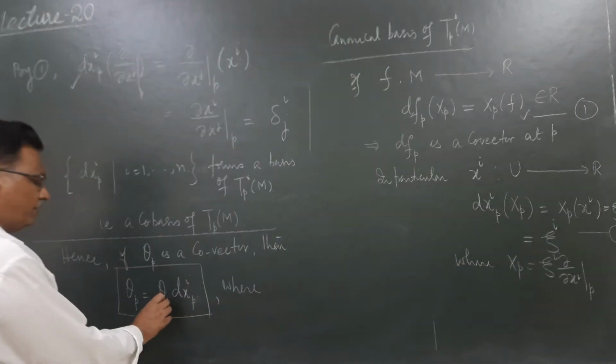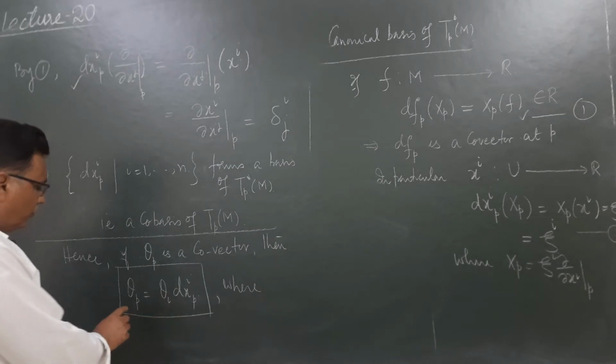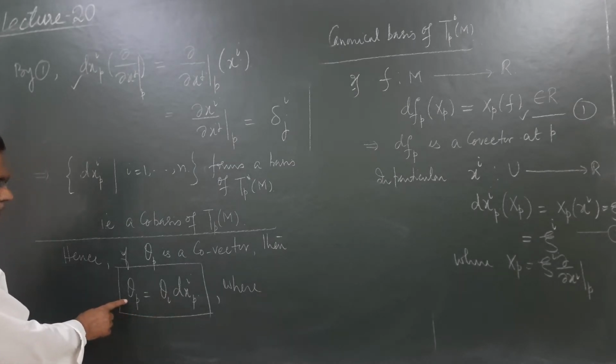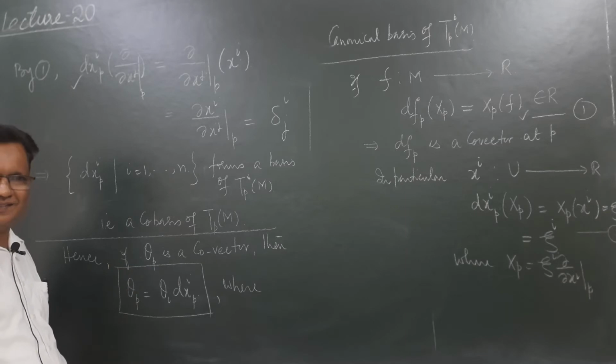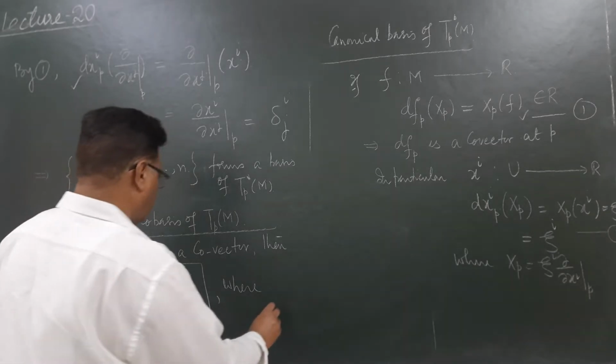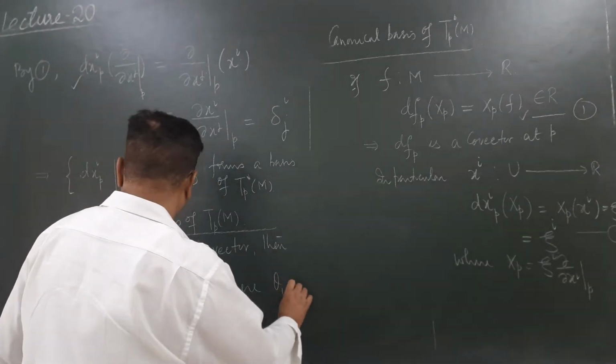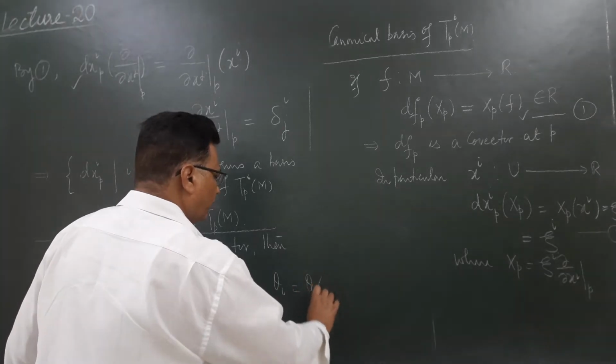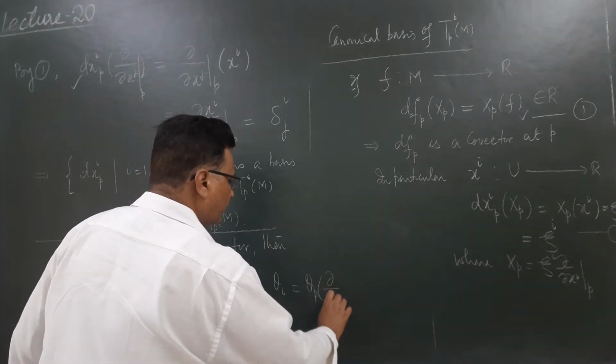What are these coefficients theta i's? You operate theta p on del upon del xj, where theta i is equal to theta p operating on del upon del xi.